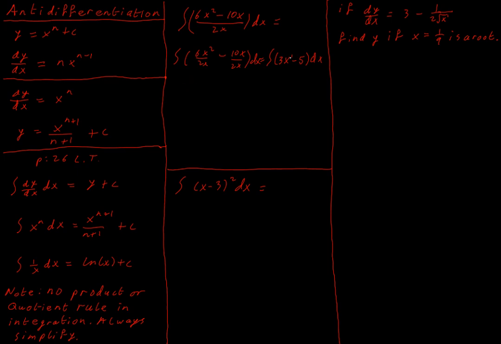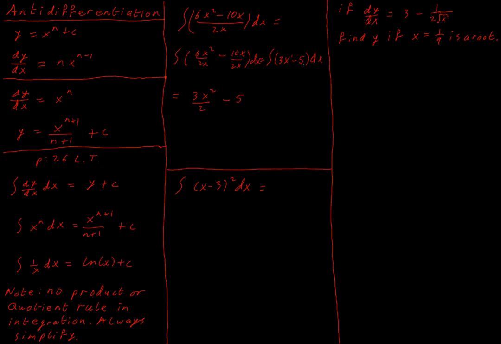So we have add 1 to the power. So we're going to take the integral now, and add 1 to the power is going to be 3x to the power of 1 plus 1 is 2, and divide by the new power. And then we are going to integrate the minus 5. So we have minus 5.